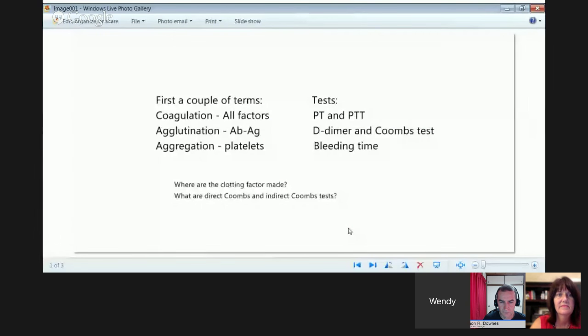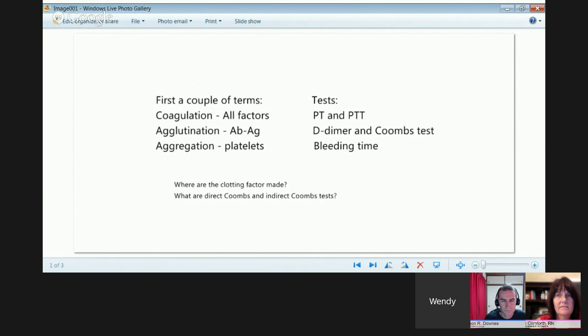So I think that when we start talking about coagulation and blood, it's good, first of all, to be very clear about what you're talking about. I'd like to start with a couple of terms. When we talk about coagulation, we're talking about the factors, our so-called coagulation factors.